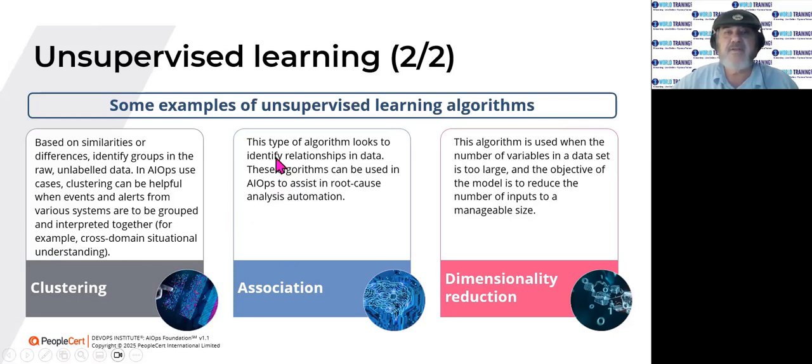Association is a type of algorithm that looks to identify relationships in the data. These algorithms can be used in AIOps to assist root cause analysis. And finally, dimensionality reduction. This is an algorithm used when the number of variables in the data set is too large, and the objective of the model is to reduce the number of inputs to a manageable size.